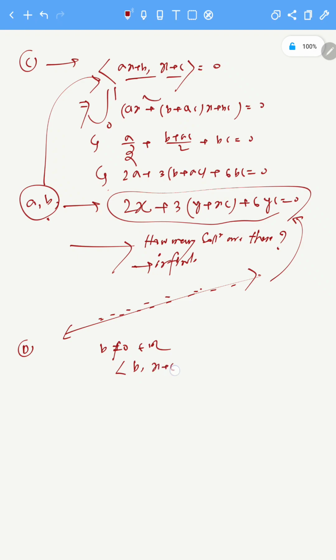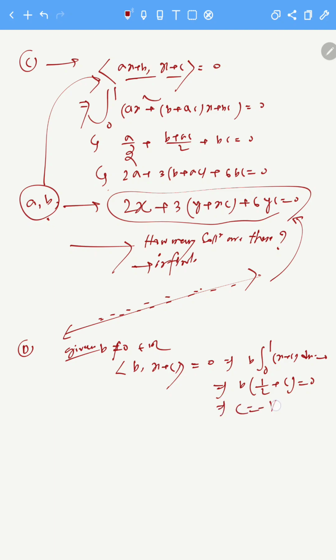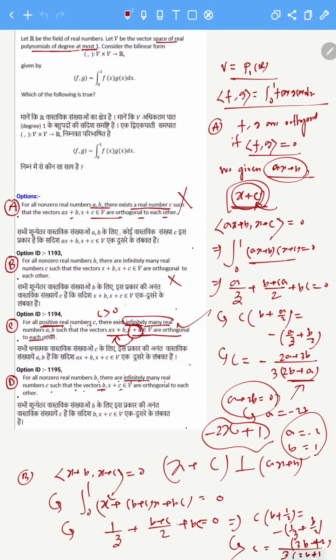So b and x plus c are given. The integral from 0 to 1 of b times (x plus c) dx equals 0, which implies b times (x squared by 2 plus cx), with limits replaced, half plus c equals 0. Since b is non-zero, c must be minus half. But the option claims there are infinitely many such c, which is not true, so it is false.